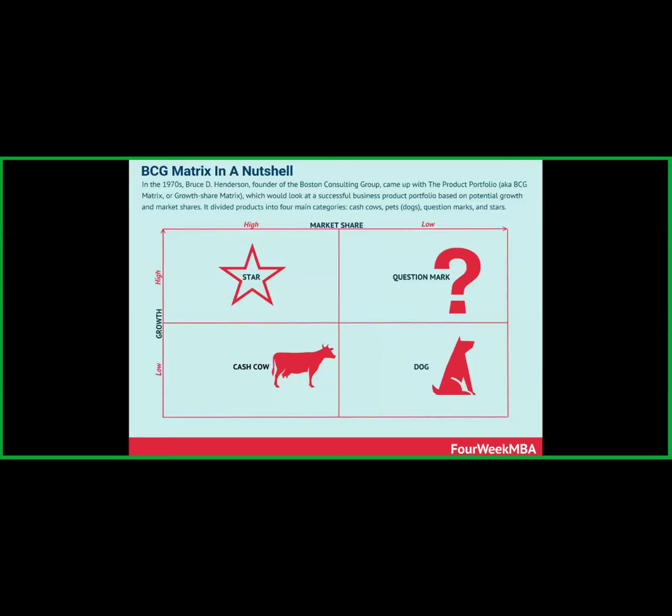Cash cow. Now, why are we saying low growth? Why are we keeping milk in low growth? Because of various reasons. There are campaigns going on social media that say avoid using milk or dairy products, and people are following it.